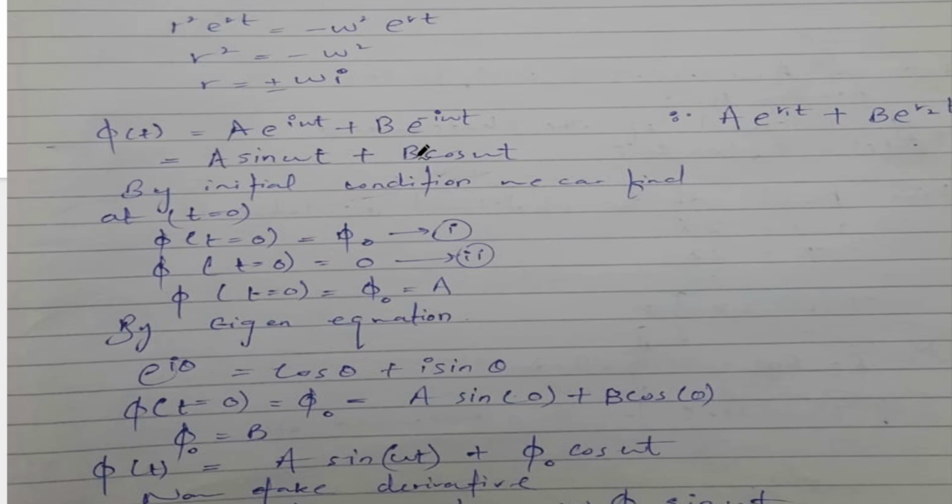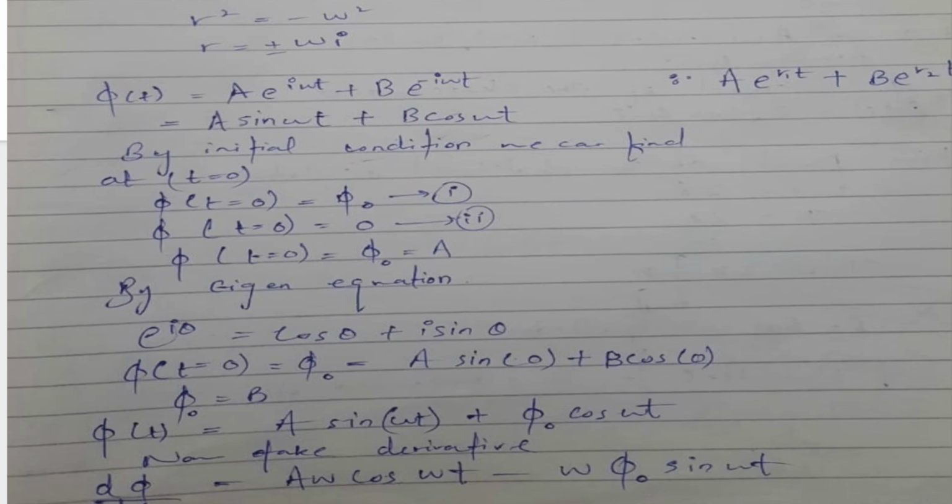You can see b is replaced by phi naught, and this is the equation we get. Now take the derivative. After taking the derivative, this is the equation. Sine changes into cos, and cos changes into sine with a negative sign, and omega follows.